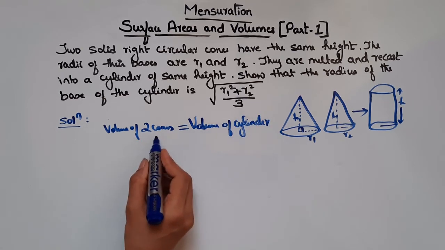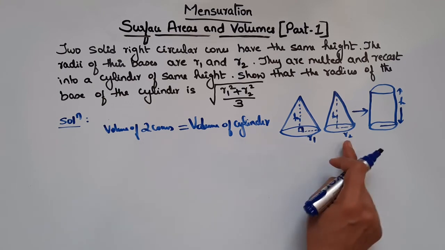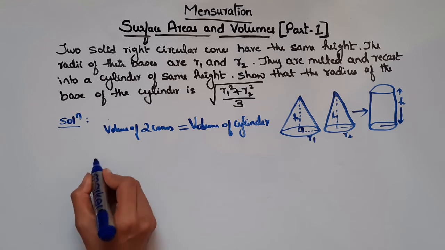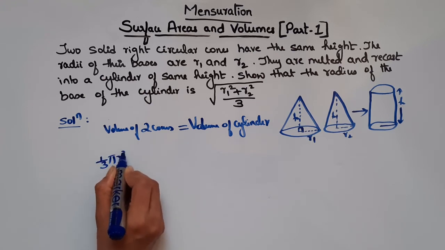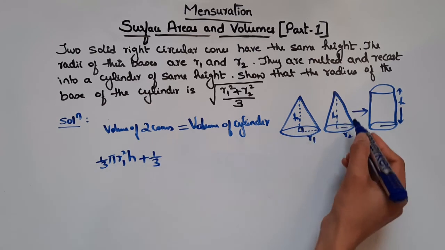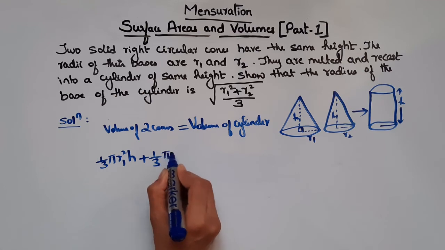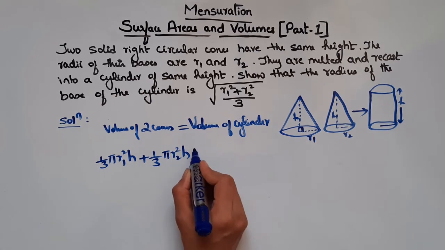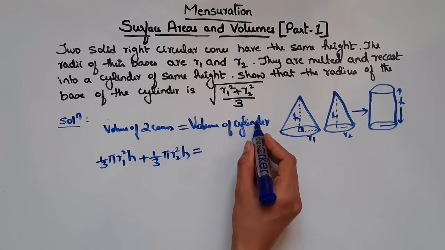Here the two cones are of different radius, right? So first let's write the volume of this cone. Volume of this cone is 1 by 3 pi R1 square h plus 1 by 3 pi R2 square h, the volume of the second cone. Here h is the same because they have the same height, which is equal to the volume of the cylinder.